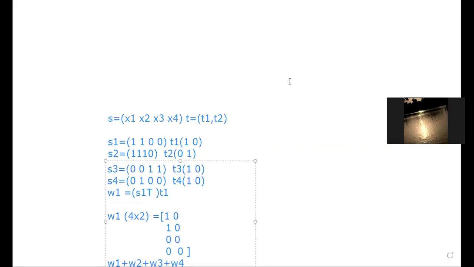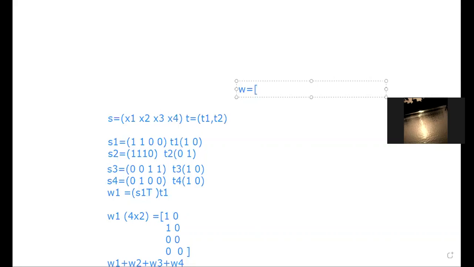So your weight matrix W will be of the size 4 by 2, which is the sum of all the 4 weight matrices W1, W2, W3.